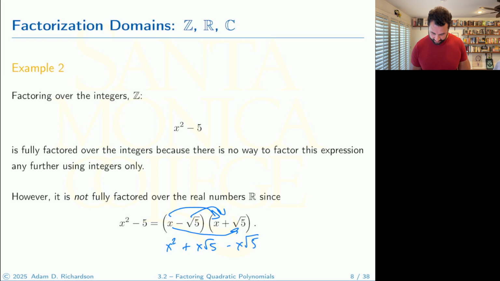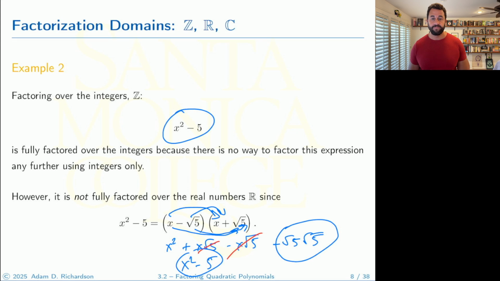And then last, negative root 5 times root 5. Well, check this out. These two terms cancel, and this last term, negative root 5 times root 5, is equal to negative 5. So this becomes x squared minus 5.